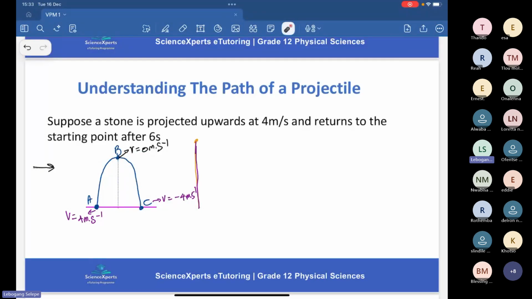Yes, Ernest. Okay, sir. You did mention that velocity can also be taken as the gradient. Am I right? Yes.